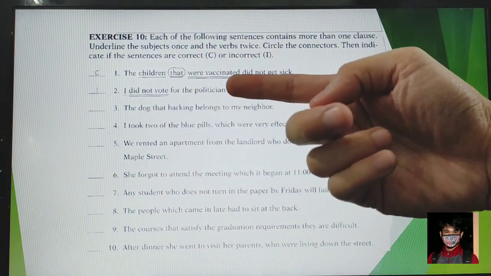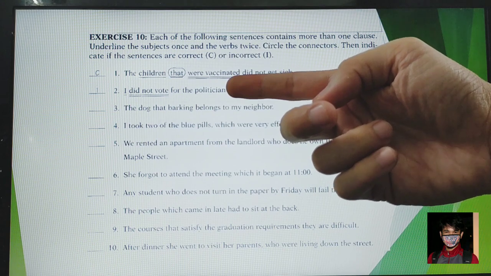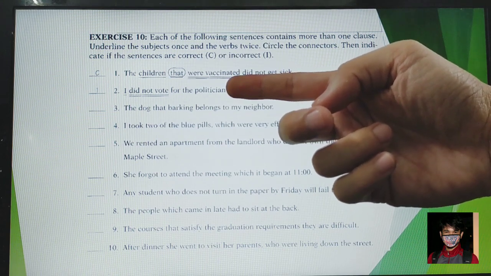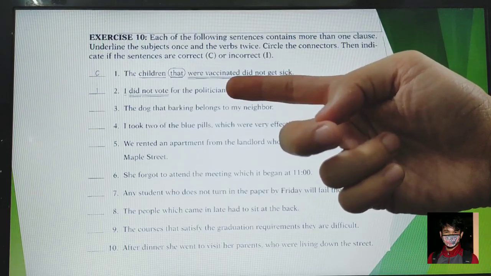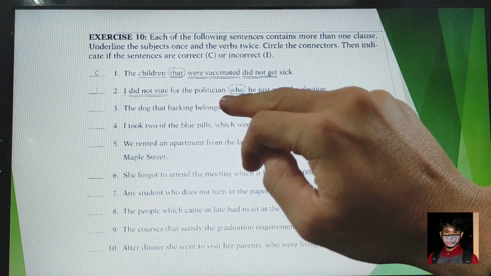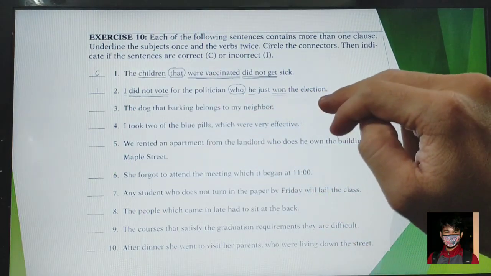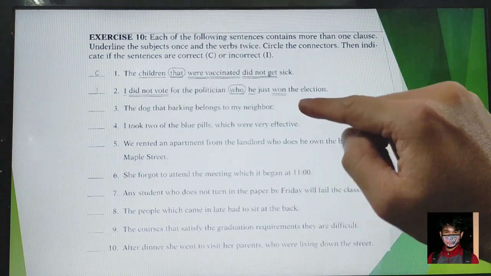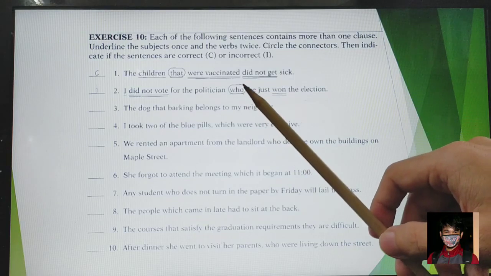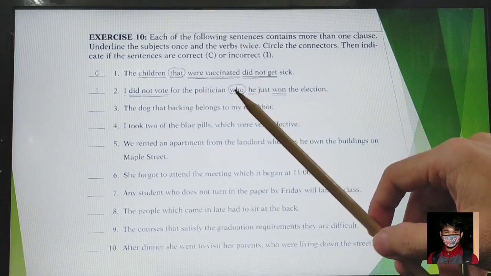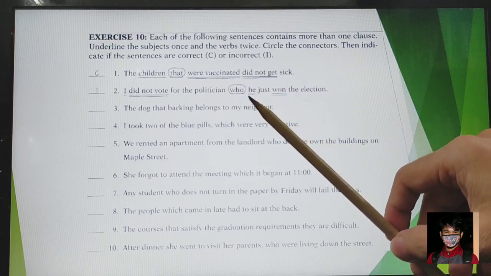If you omit this, you can still have a good sentence. So this is what describes a noun: who he just won the election. But the question is, is it correct or incorrect? This adjective clause is identified as an incorrect sentence. Why? Because there is a he here.